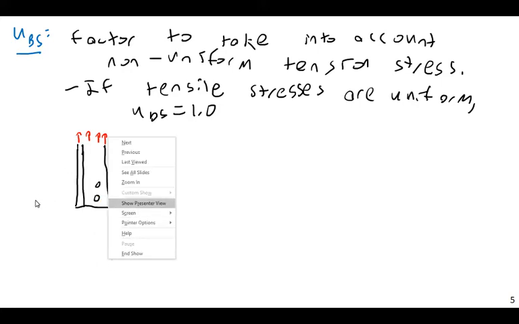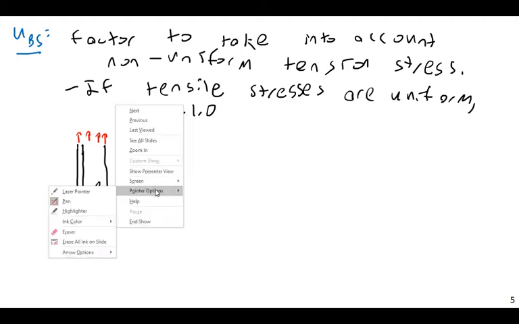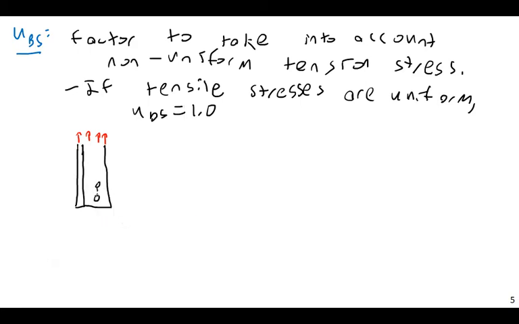So no problem. However, if this thing is going to fail in block shear rupture, what is that element going to look like? Well, the actual failure plane is not going to be the entire section. It's going to be just this rectangle here that's going to try to pull out.